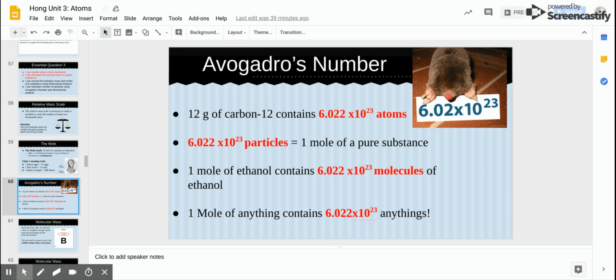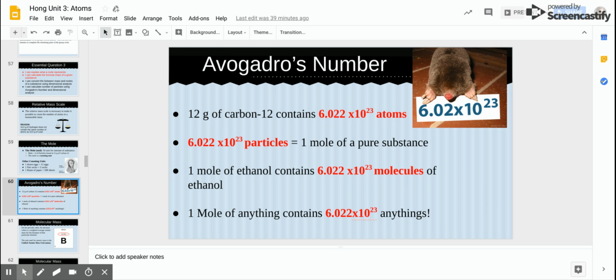So with all those different variables, they came up with the second bulleted statement: 6.022 times 10 to the 23rd particles equals 1 mole of a pure substance. And that, for sure, ladies and gentlemen, I'd like you to please jot down.